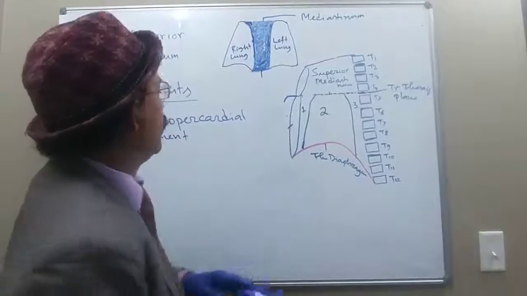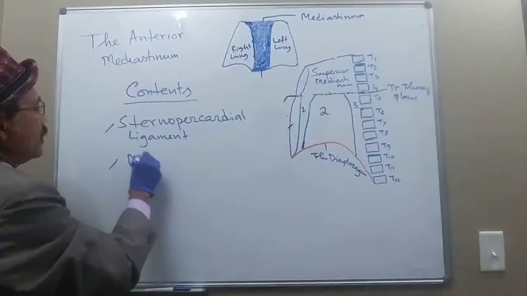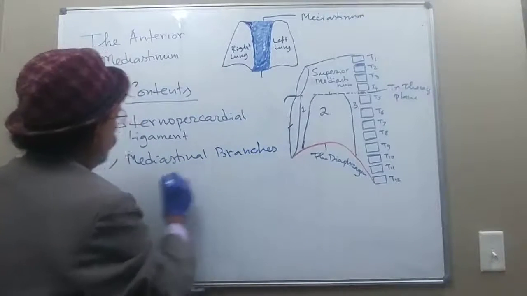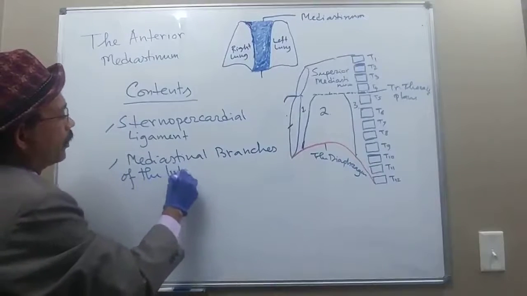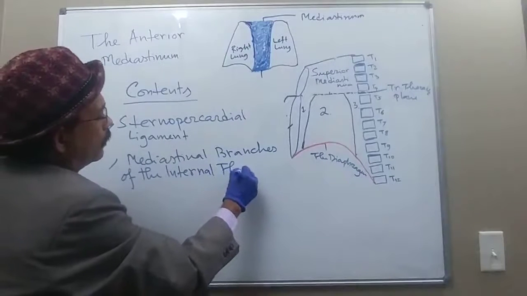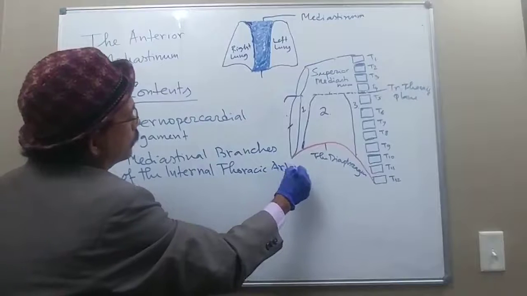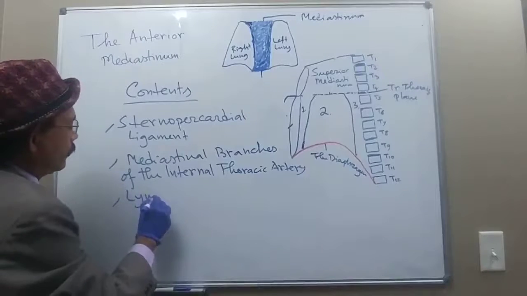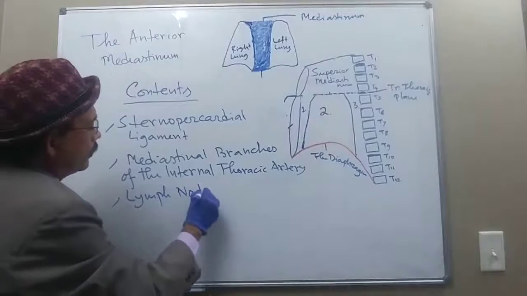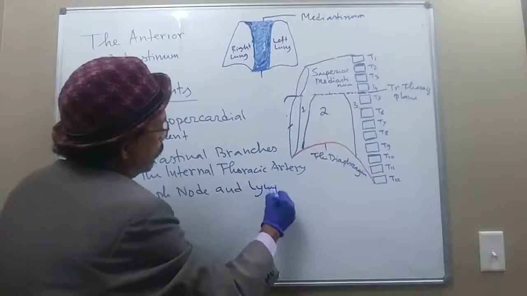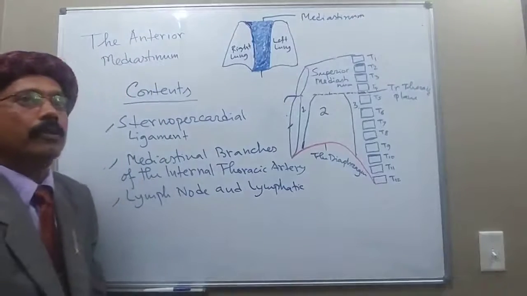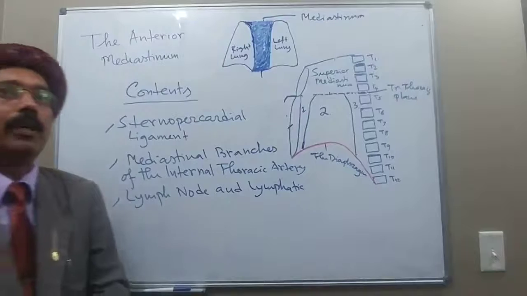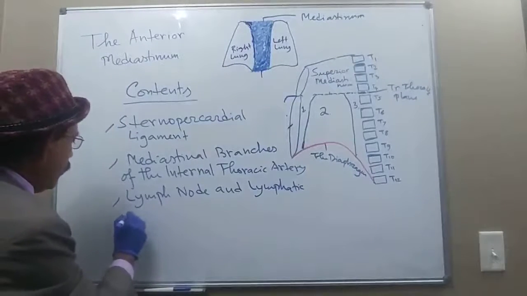Then we have the mediastinal branches of the internal thoracic artery, and lymph nodes and lymphatics.